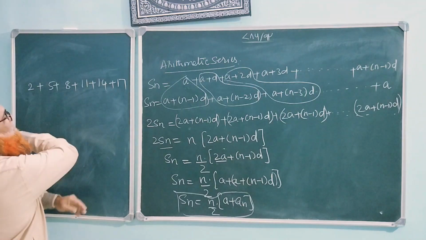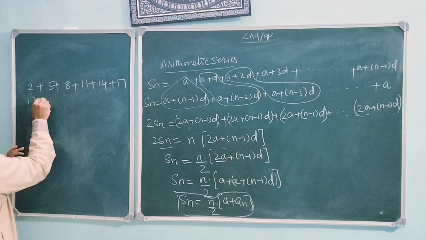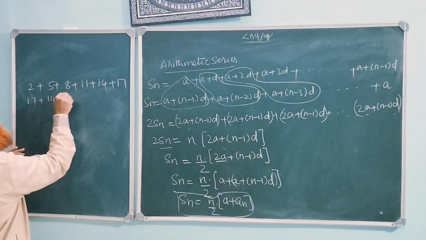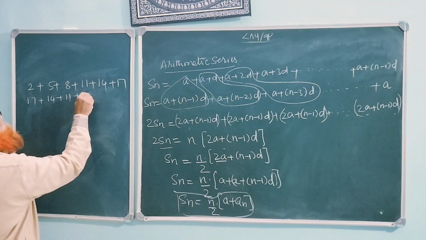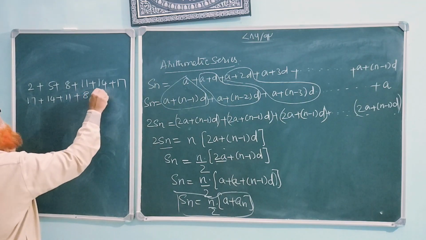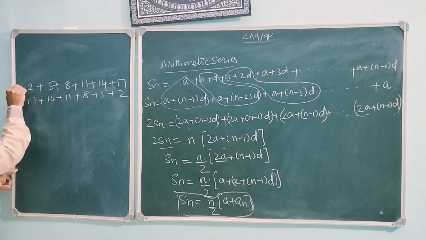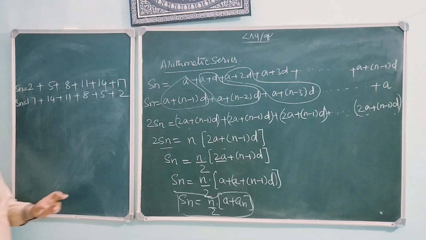Now reverse this one. The last term will come to the first: 17 plus 14 plus 11 plus 8 plus 5 plus 2. This is Sn in one form and Sn in another form.